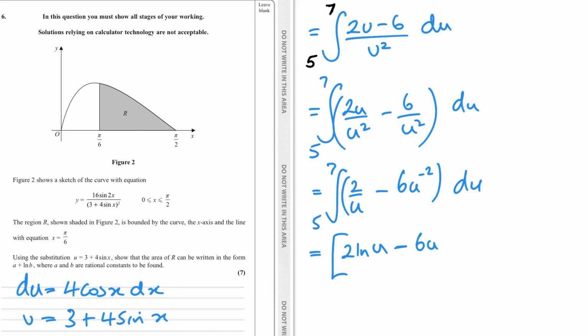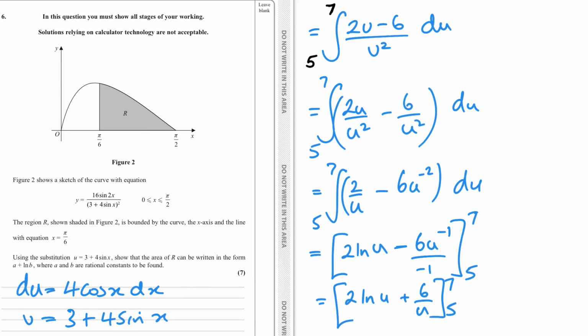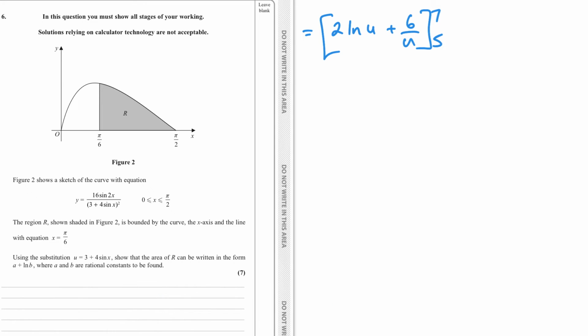So we get 6u to the minus 1 over minus 1 between 7 and 5, or 2 ln u plus 6 over u between 7 and 5. And substituting in, we get 2 ln 7 plus 6 over 7 minus 2 ln 5 plus 6 over 5.